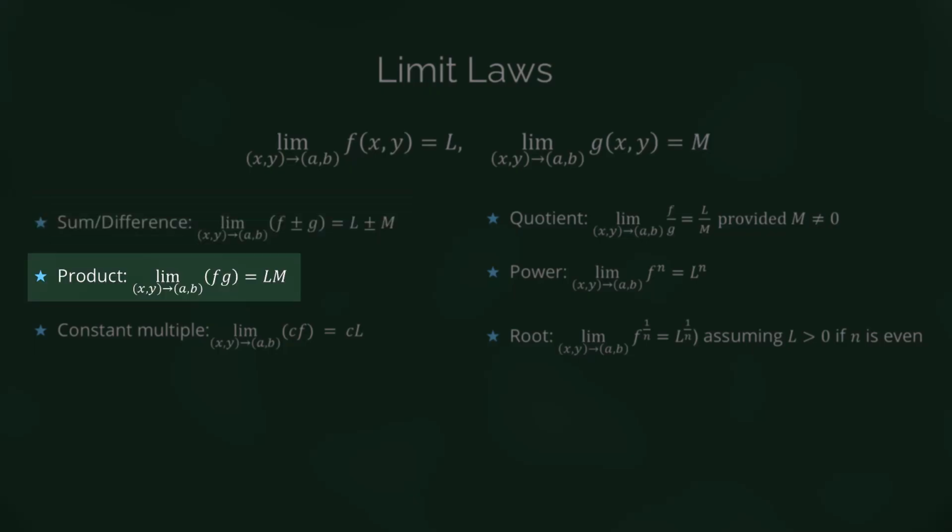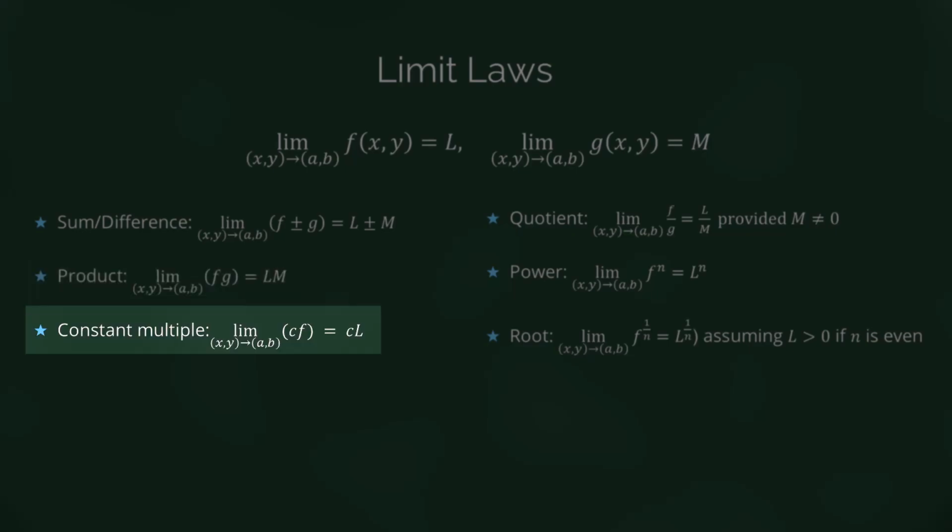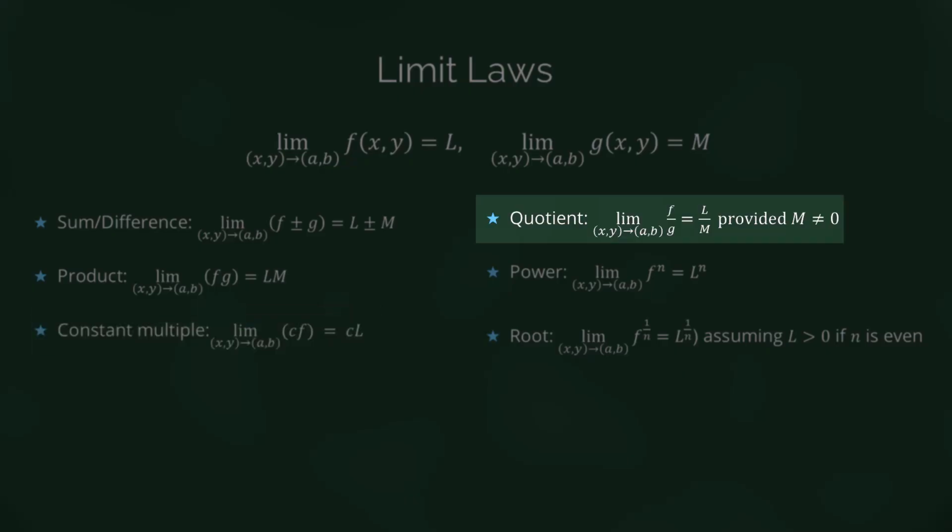When we multiply f and g, we can multiply their limits. If we multiply either function by some constant c, we can multiply the limit by the same constant. If we take a quotient of the two functions, then the limit of the quotient is the quotient of the limits, provided that the limit in the denominator is not 0.